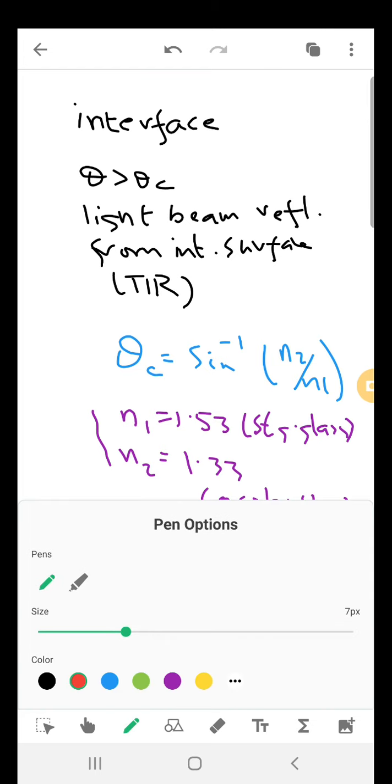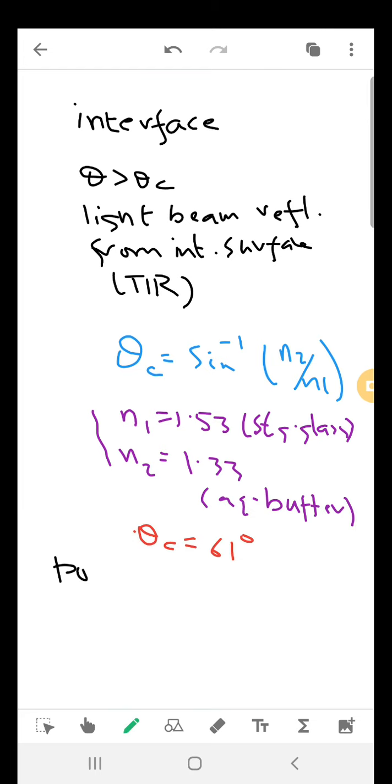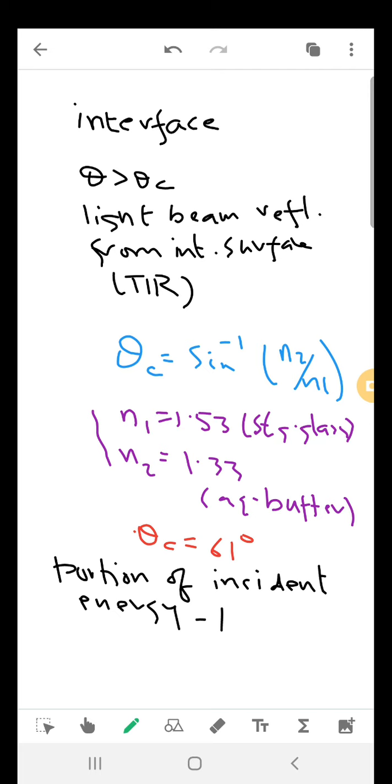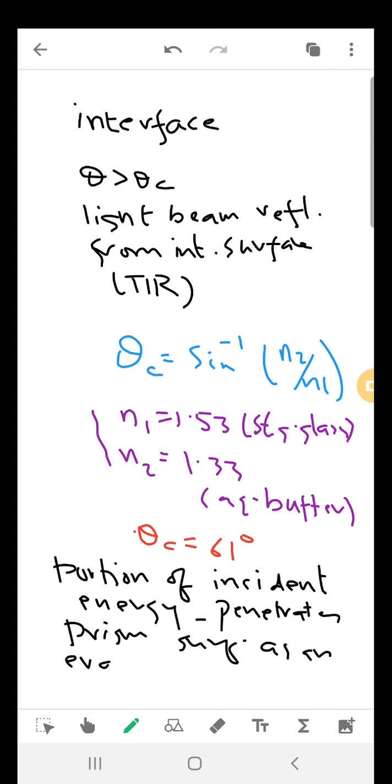So you can see that a portion of incident energy penetrates the prism surface as an evanescent wave, and enters the environment.